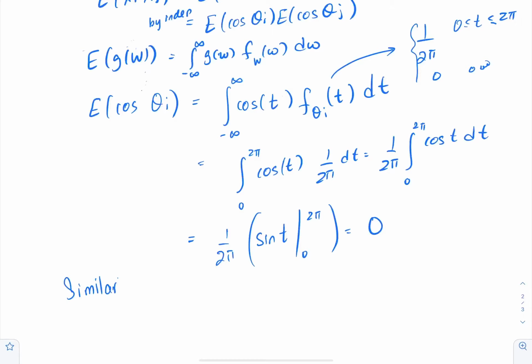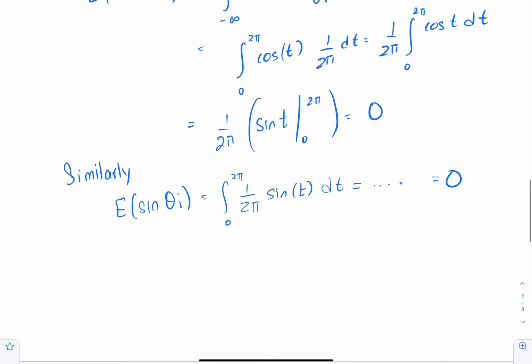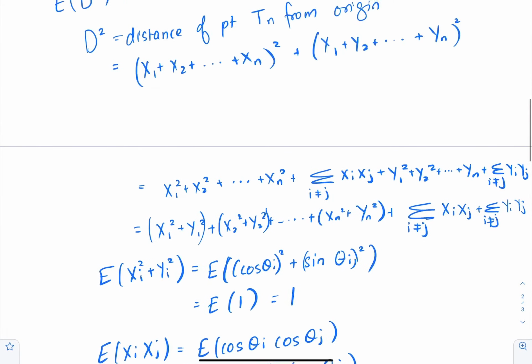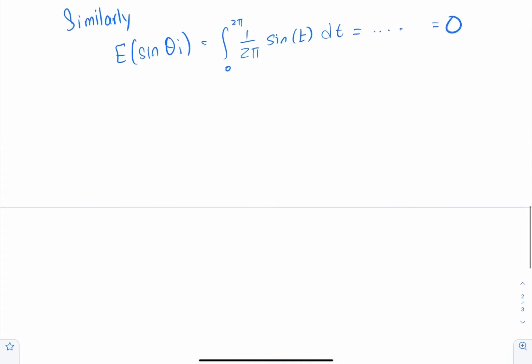Similarly, for the expectation of sine theta i for any i, you can work it out in the same way. This will turn out to be the integral from 0 to 2 pi of 1 over 2 pi sine t dt. This is also going to be 0. Okay, let's put it all together into the expectation of D squared.